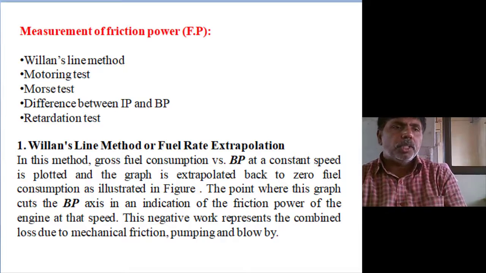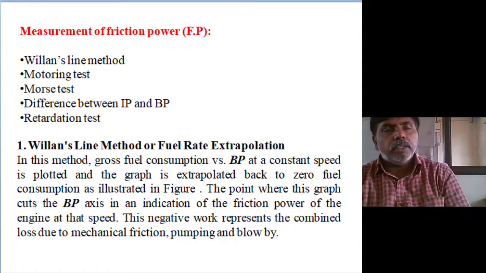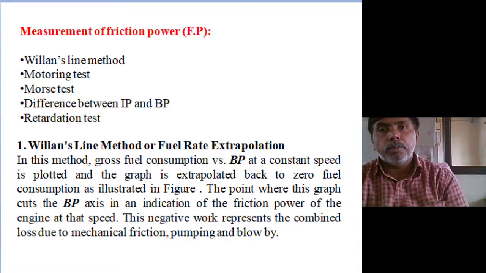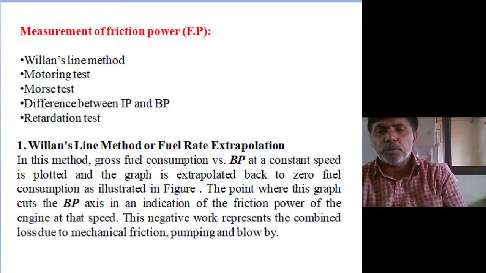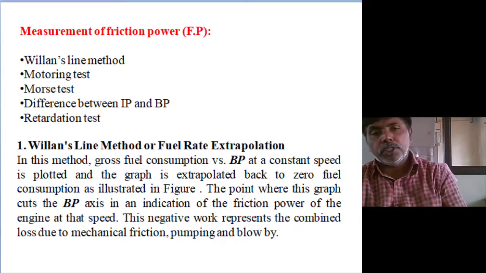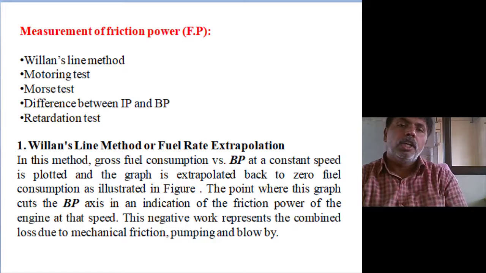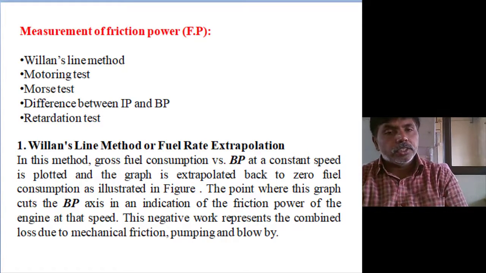One benchmark method at laboratory level: indicated power is measured by the indicator diagram, brake power by the transmission dynamometer, and the difference between them gives the friction power continuously. Generally only R&D labs do it like that. Remaining testing labs generally use these four methods: Williams line method, motoring test, Morse test, and retardation test.